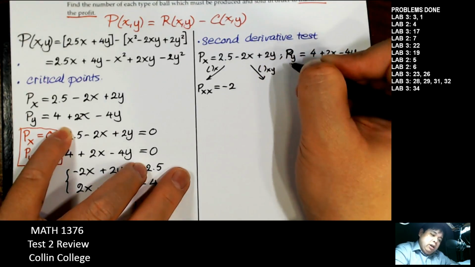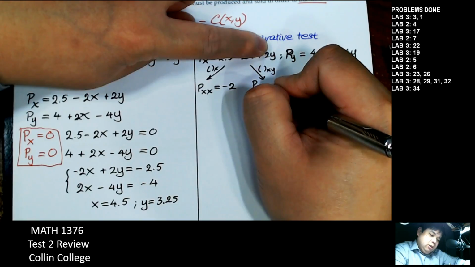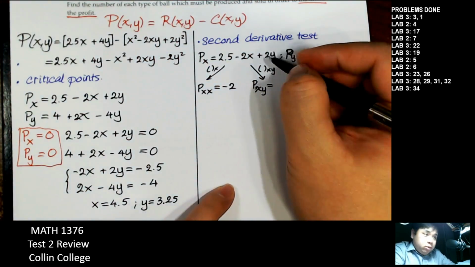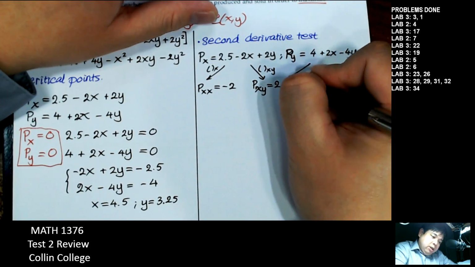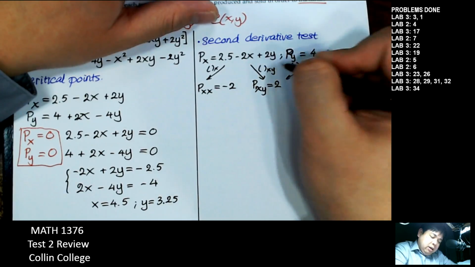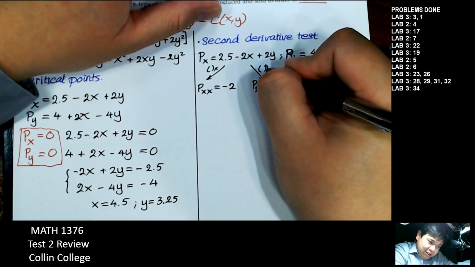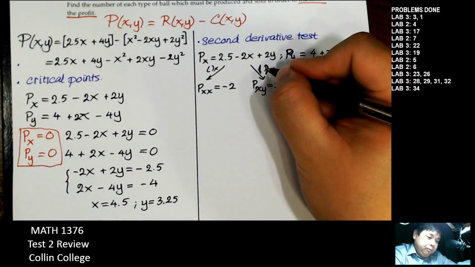With respect to y of that will give us p_xy. With respect to y will be just 2. Derivative with respect to, I'm sorry, I should not put xy here. We just have x. We have x already, now we just go with respect to y.